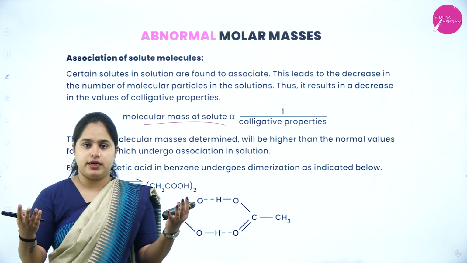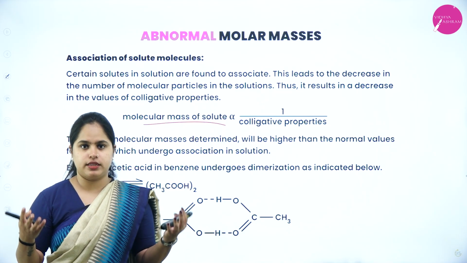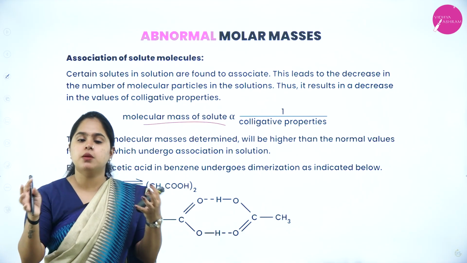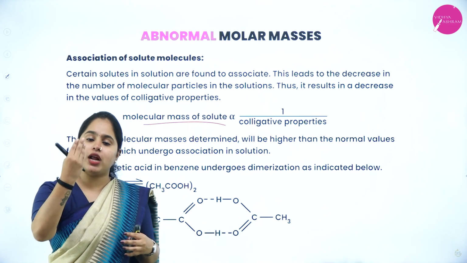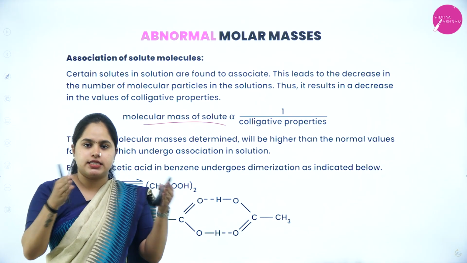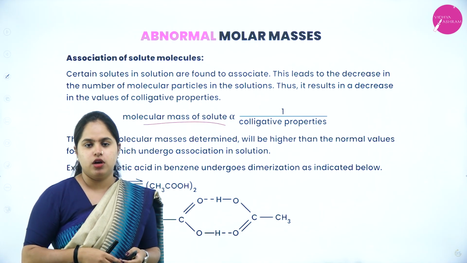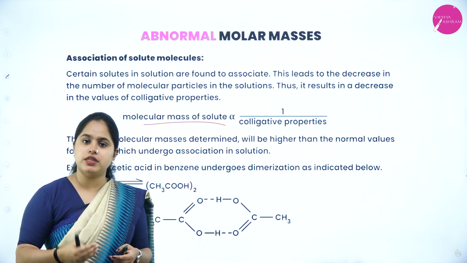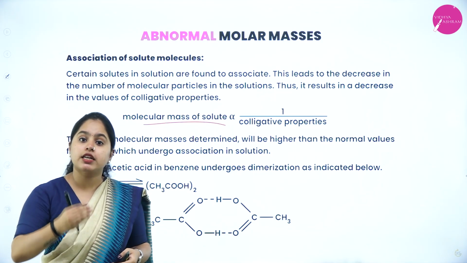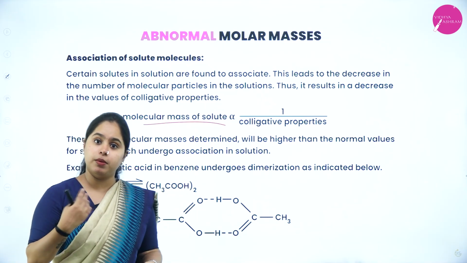If 2 molecules are associating, they become 1. Two molecules acting as 1 molecule means that instead of 2 there is only 1 molecule. So the number of particles is less, which means the colligative property is less, which means the molecular mass will be more.